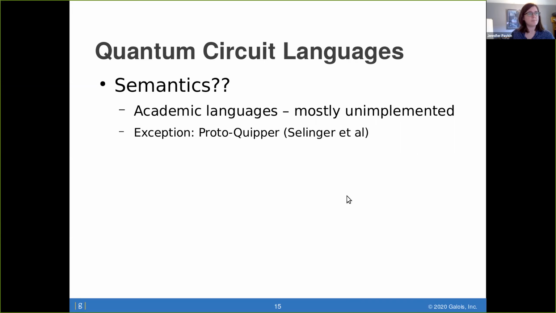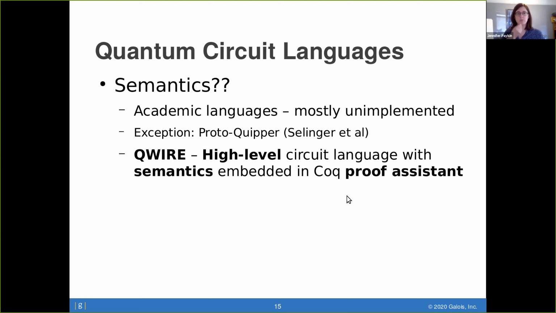So the work that I want to talk about in the rest of this talk is work that I developed at UPenn with my collaborators, which is called QWIRE. I pitch QWIRE as a high-level circuit language with a formal semantics.